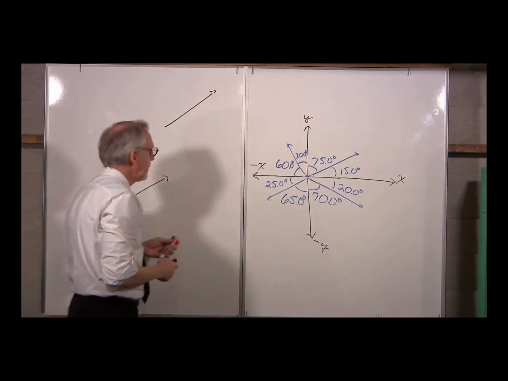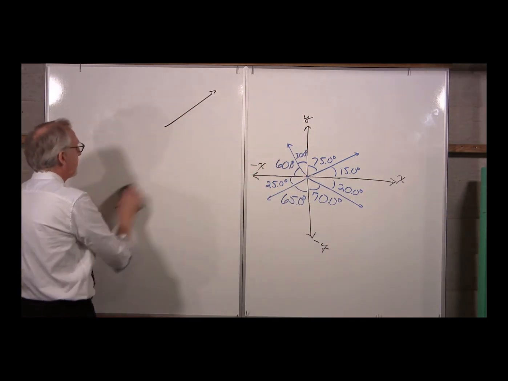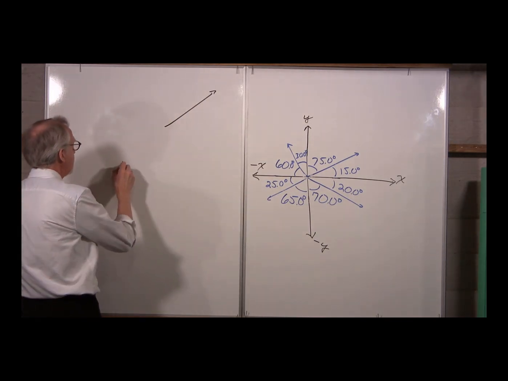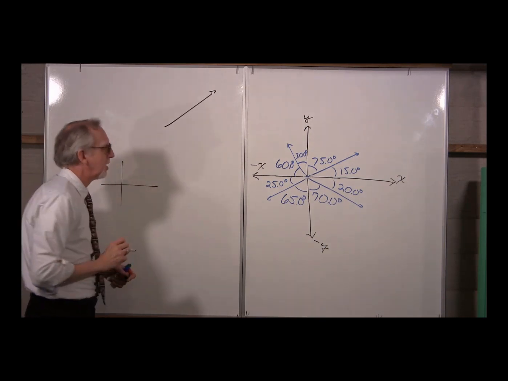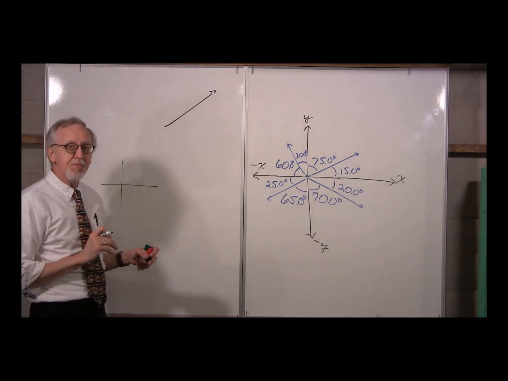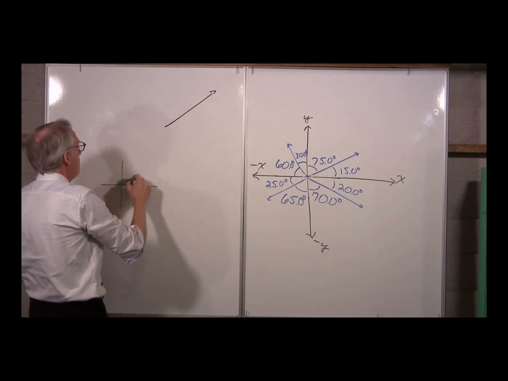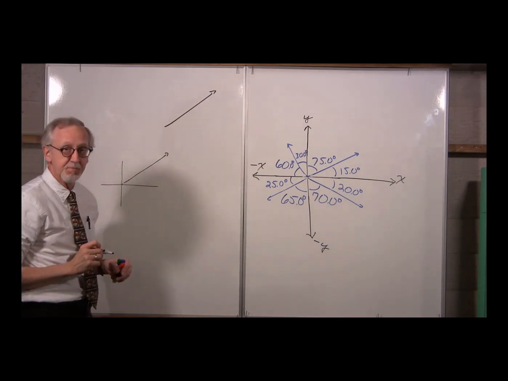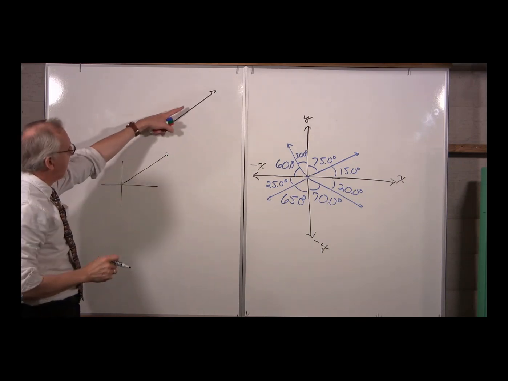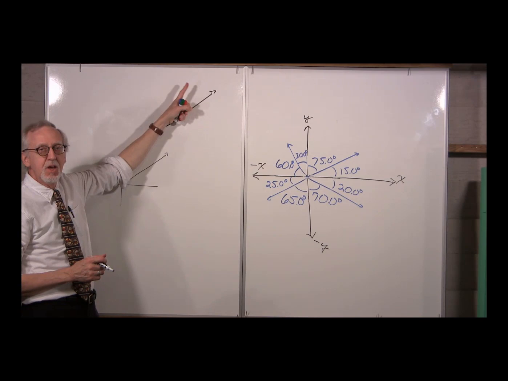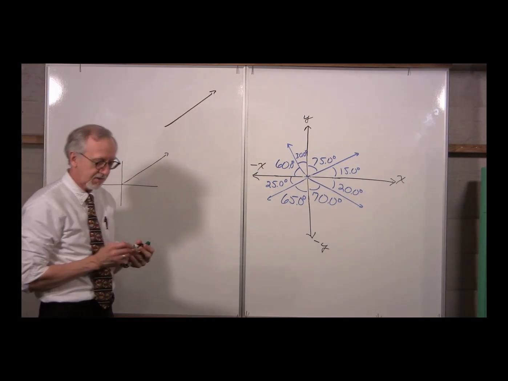So that means if we have some vector up here and our coordinate system is down here, we describe that vector just like we were to move it down to our coordinate system. So this vector, even if it's up here, we would say that is above the x-axis or to the right of the y-axis.